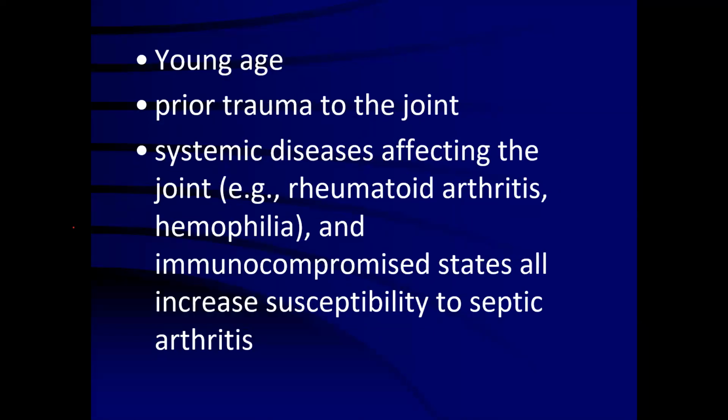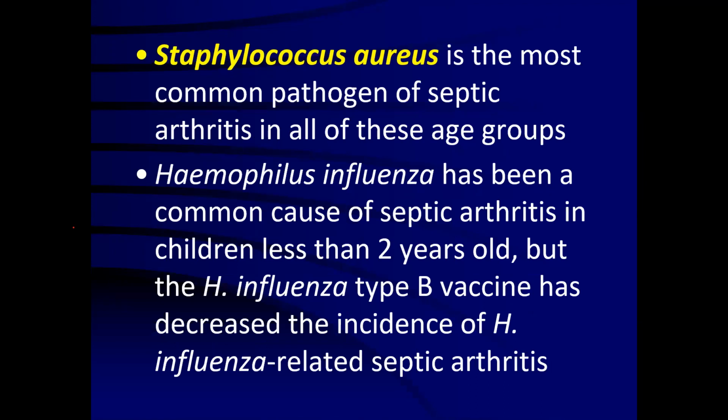Young age, prior trauma to the joint, systemic diseases affecting the joint, rheumatoid arthritis, hemophilia, and immunocompromised states all increase susceptibility to septic arthritis. Staph aureus is the most common pathogen of septic arthritis in all of these age groups.